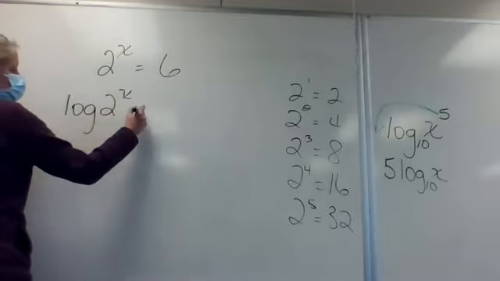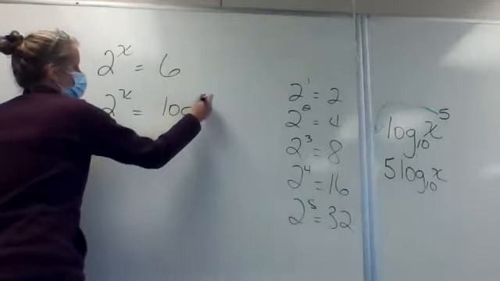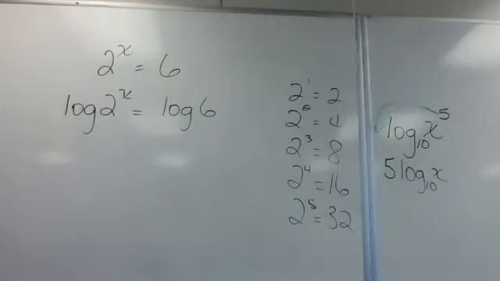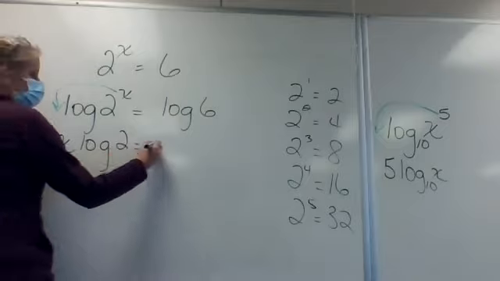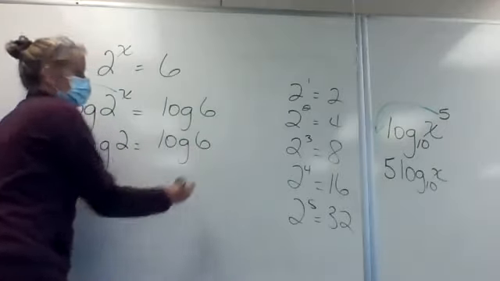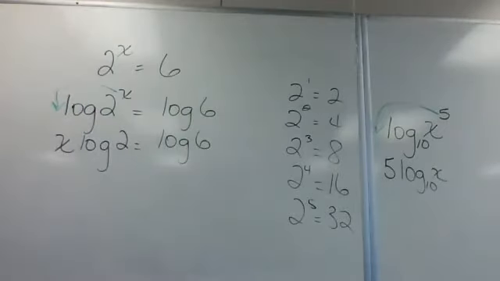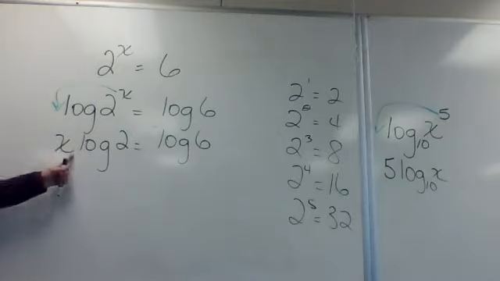So log of 2 to the x equals log 6. And then rewrite that left side, bringing the x out of the exponent. So x log 2 equals log 6, and then getting this x by itself.